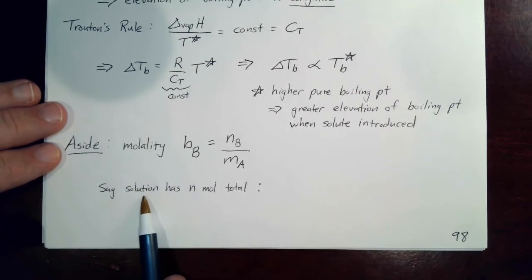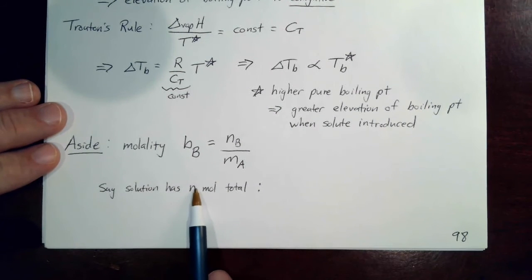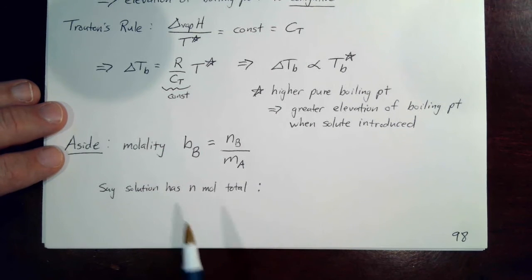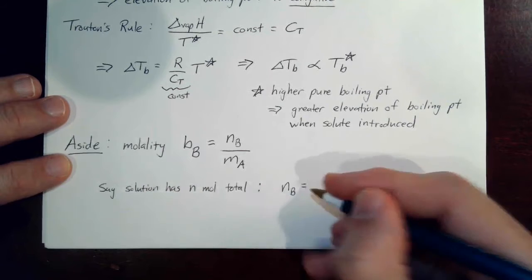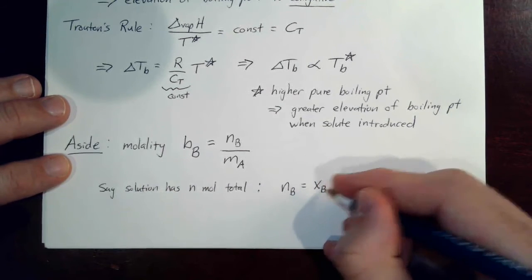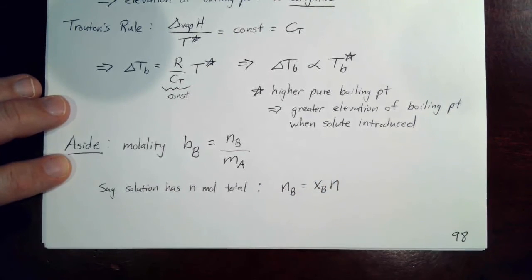Okay, so let's say the solution has n moles total. So that's the total number of moles of solute and solvent. In that case, we can write NB as the mole fraction times the total number of moles.